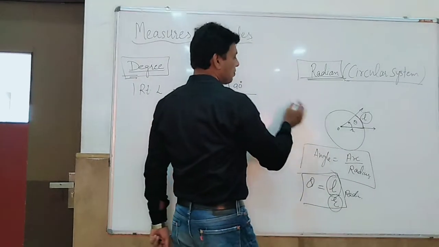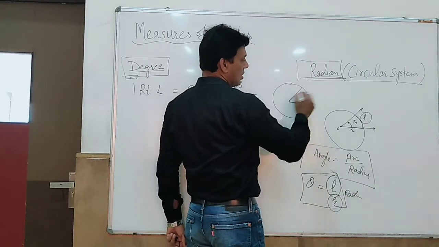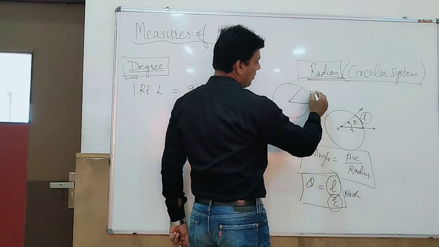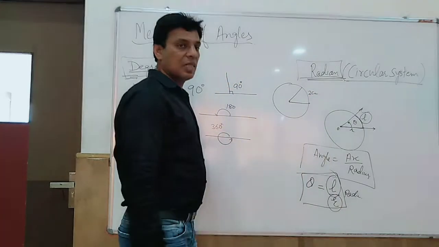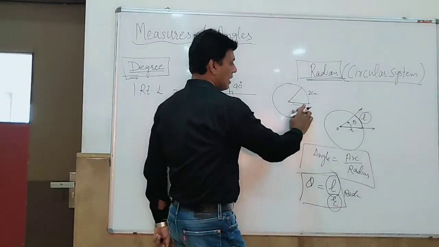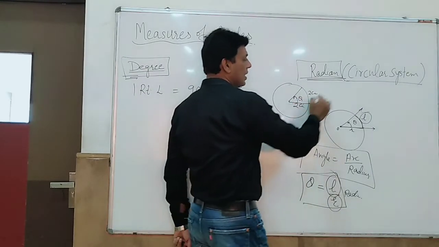For example, suppose we have a 2 centimeter arc and a 2 centimeter radius. What will be theta?